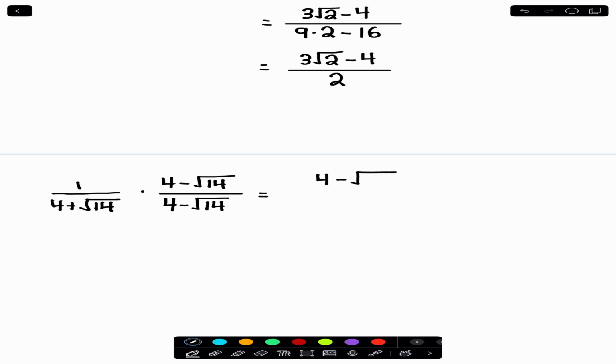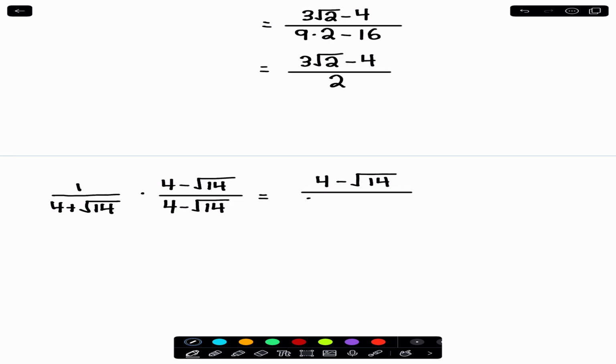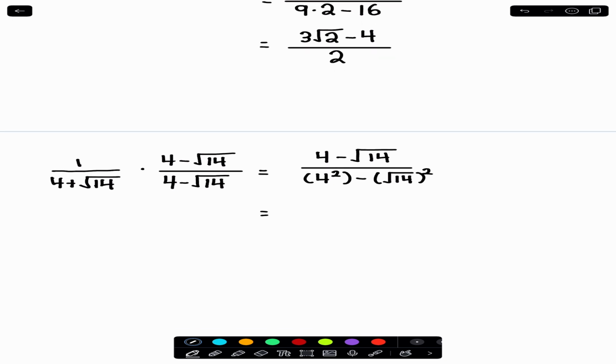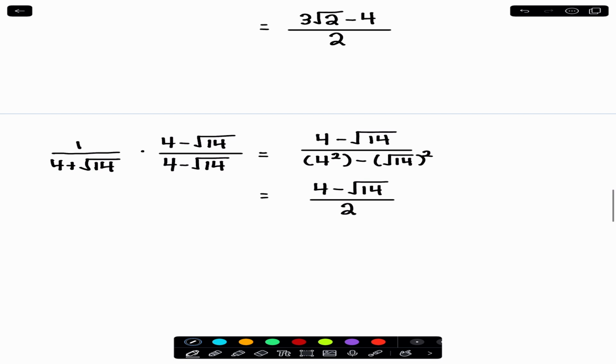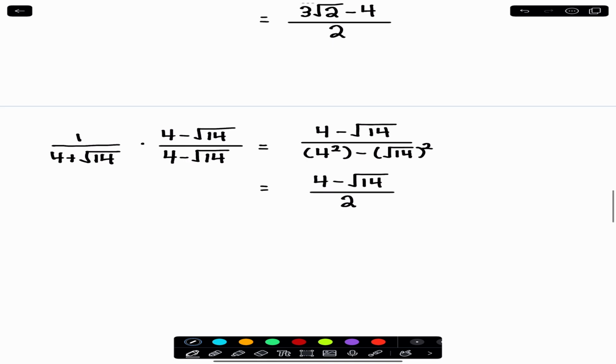So I'm going to be going through this a little faster. This is 4 squared minus the square root of 14 squared. Four squared is 16. Square root of 14 squared is 14. 16 minus 14 is 2.